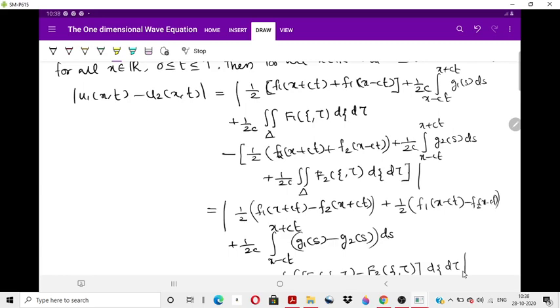Now consider the same for x-ct. From the first, u1, 1/2 into f1(x-ct) is there.